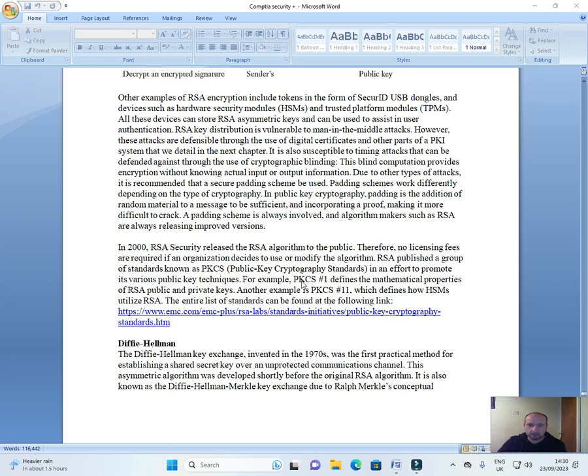For example, PKCS 1 defines the mathematical properties of RSA public and private keys. Another example is PKCS 11, which defines how HSMs utilize RSA. The entire list of standards can be found at the following link.